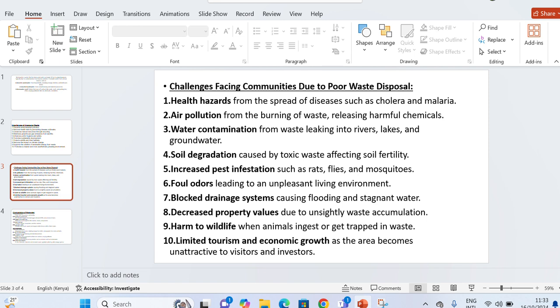When these plastics accumulate in one place, it will be a breeding place for mosquitoes and for dangerous wild animals. And this will spread diseases. The second one will be air pollution.